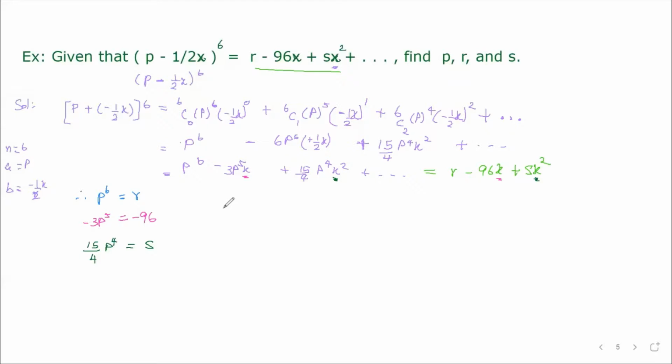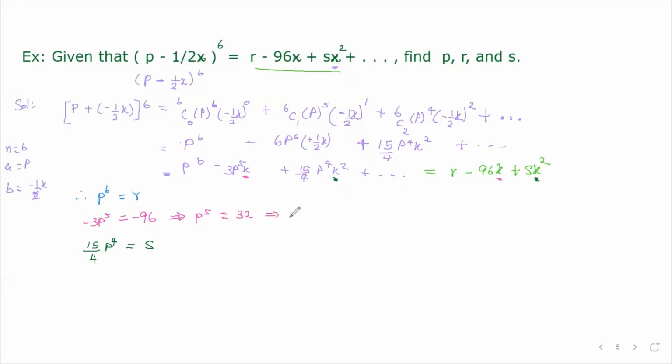Okay, I let you do the rest. Because you have 3 unknowns and 3 equations, correct? The easiest to get is this one first. From this equation, minus minus becomes plus, so p to the power 5 is 96 divided by 3, which is 32. So p to the power 5 equals 32.